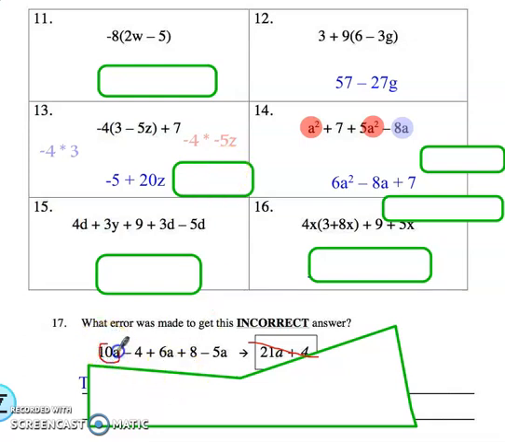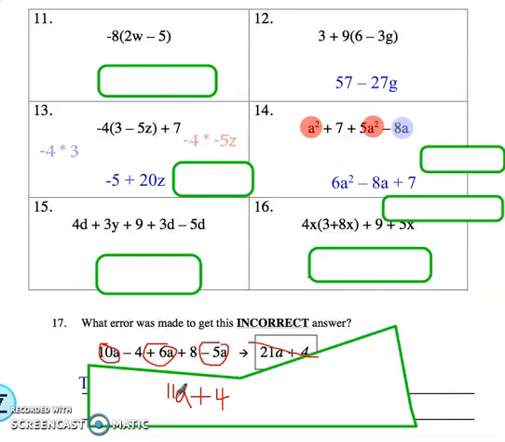Here I see an A, and here I see an A, and here I see a minus 5A. 10 and 6 is 16, minus 5 is 11A, and negative 4 and positive 8 is going to give me 4, but since there's more positives than negatives, it's a plus 4. When I look at my answer, I see they got negative 21A, and I got positive 11A.